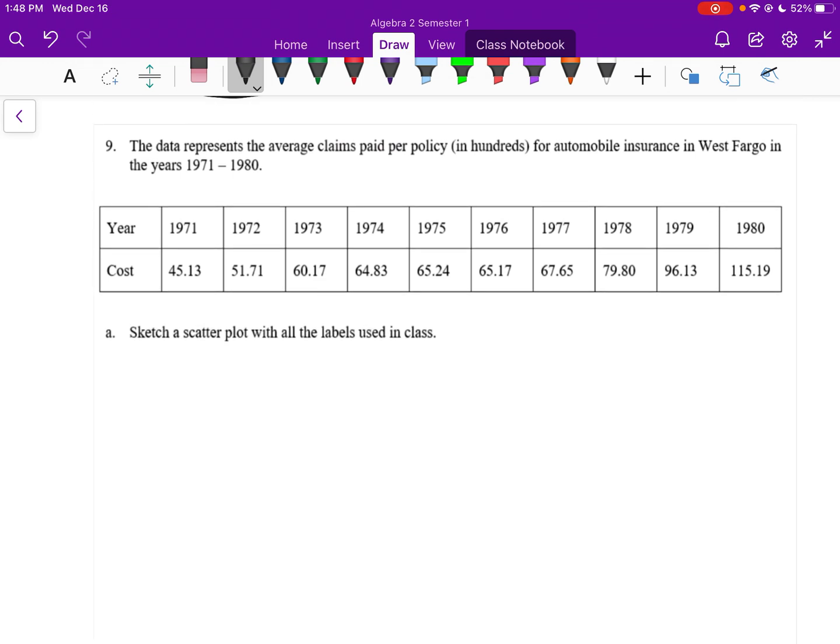Okay, data represents the average claims paid per policy in hundreds for automobile insurance in West Fargo in the years 1971 to 1980. Now, it doesn't say that, but we're going to say let X be the number of years since 1970.